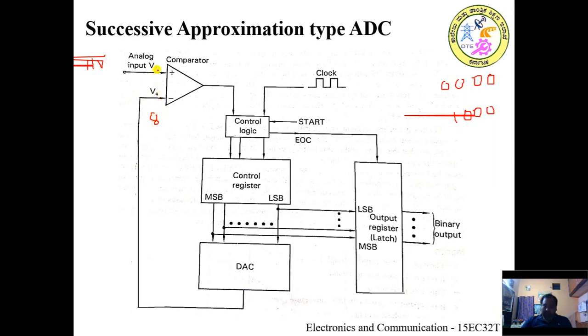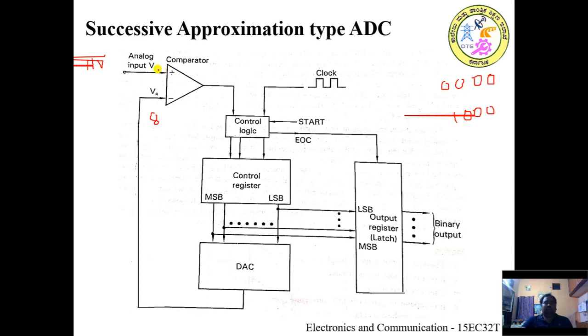Whether the MSB value is retained or cleared depends upon the comparator result. When 11 and 8 are compared, the analog input voltage is obviously greater than the approximated value.